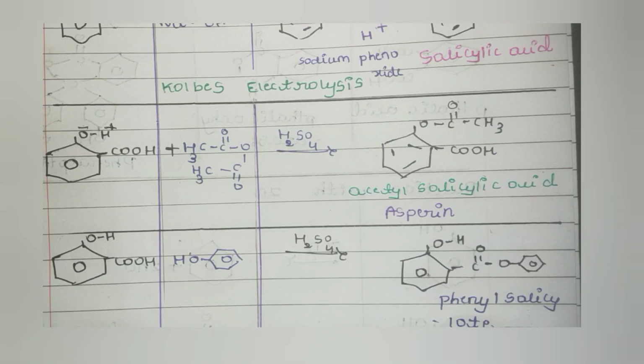There are some applications of Kolbe's reaction. When salicylic acid is treated with acetic anhydride in the presence of H2SO4, it gives acetylsalicylic acid, also called aspirin. It is used as an antipyretic and analgesic.